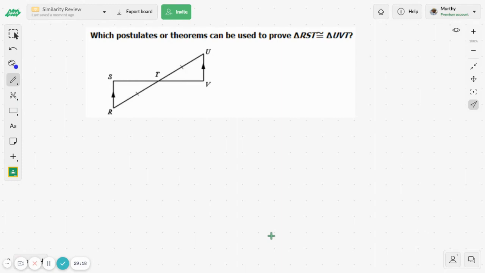Well, in this diagram, which postulates or theorems can be used to prove that these two triangles are congruent? Friends, when we talk about congruency, we have to prove at least three elements. Remember, when you see this kind of shape, like the English alphabet X, then I can say that vertically opposite angles are equal, right?